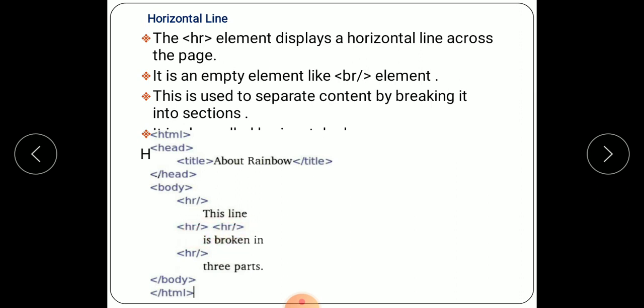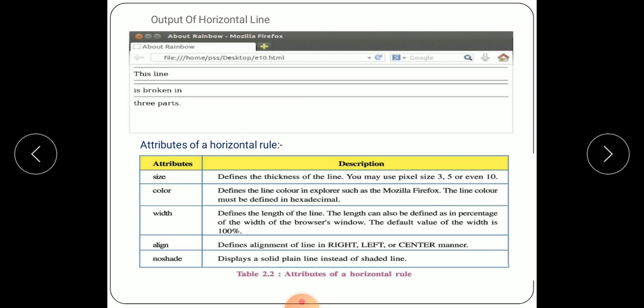It's not compulsory to close. Then I write that it is broken into 3 parts. It means your output will come in 3 lines. Look here, your output. So these are your horizontal rules. You can see very easily.